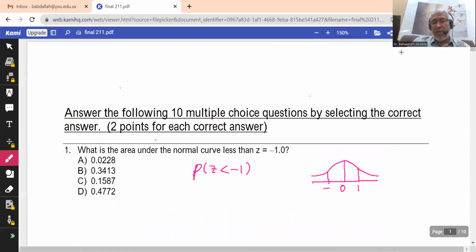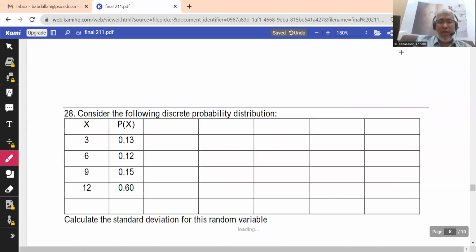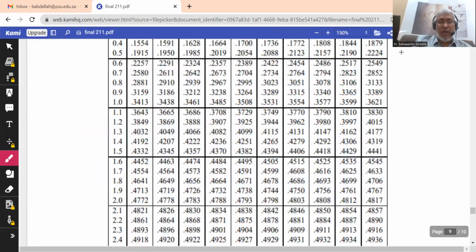But the area to the left of -1 is equal to the area to the right of 1. And to find this area, I can find it from the table. So the table will give me the area between 0 and 1, or the probability that z is between 0 and 1. You can find this area by looking at z equals 1.